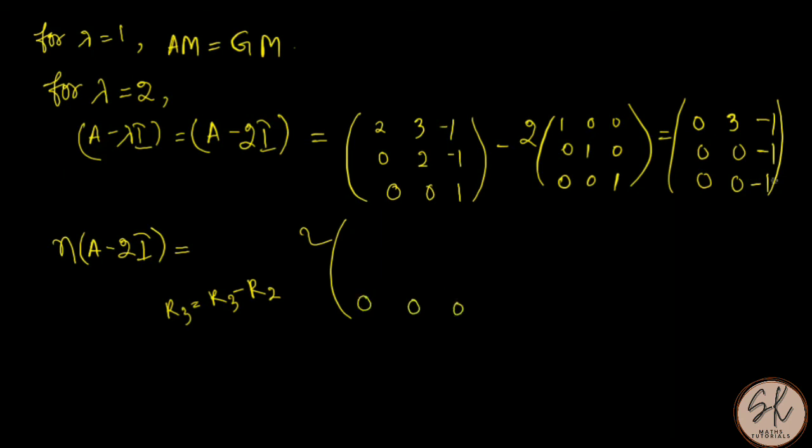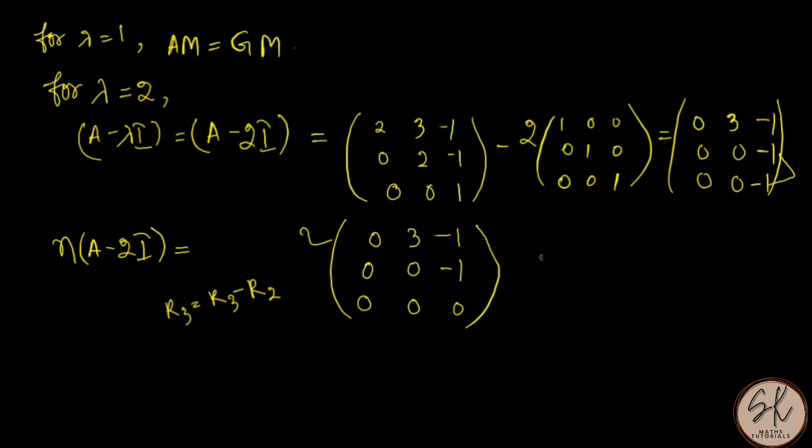If we subtract the second row from the third row, we get the third row as 0. So this is 0, 0, minus 1, and this is 0, 3, minus 1. This is what we got after reducing.